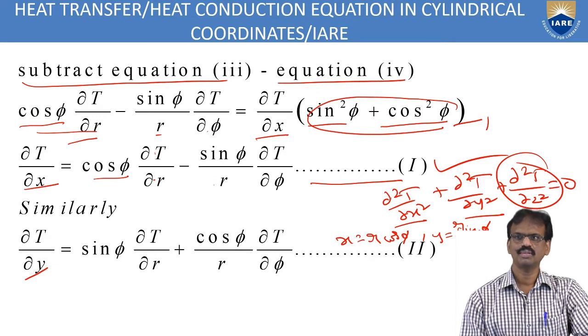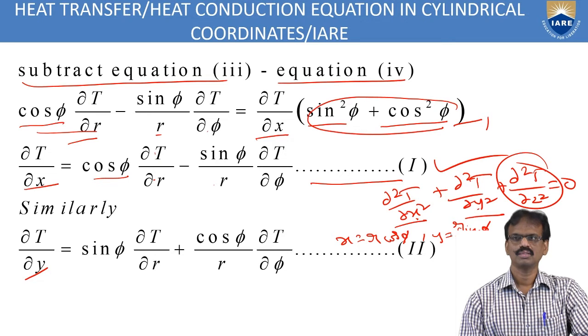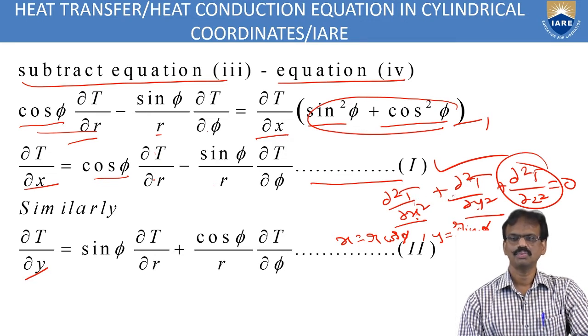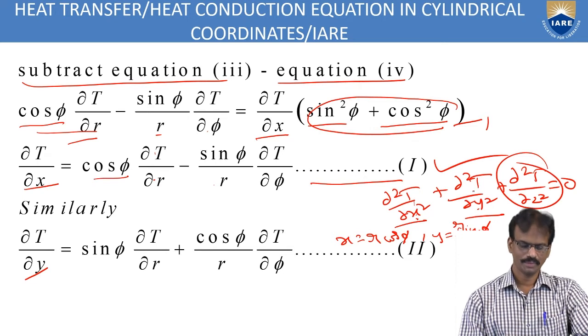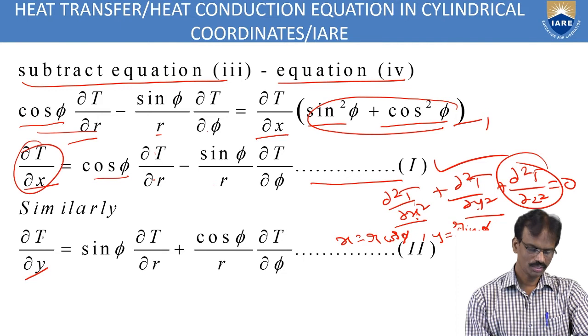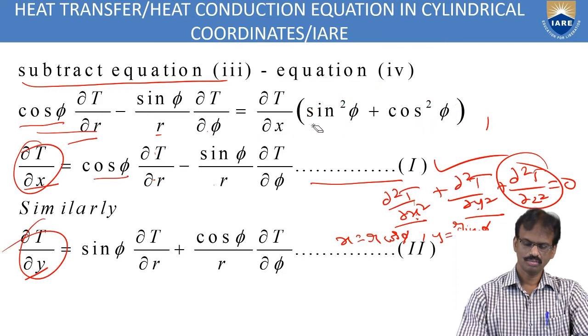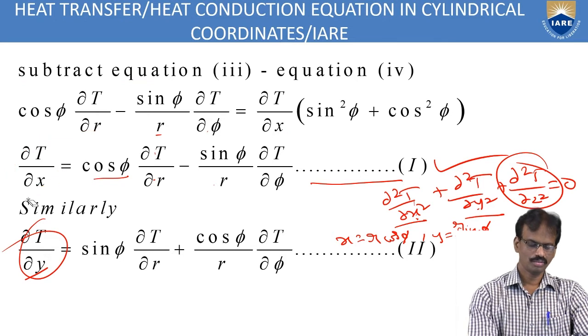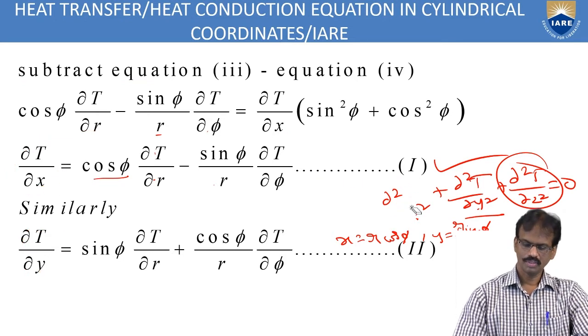Before that, we have to find ∂T/∂x with respect to r and φ. Similarly, we have to find ∂T/∂y with respect to r and φ. Then we have to find ∂²T/∂x², ∂²T/∂y². So for that, we are finding ∂T/∂x here, ∂T/∂y here. Okay. So then we got the ∂T/∂x and ∂T/∂y.